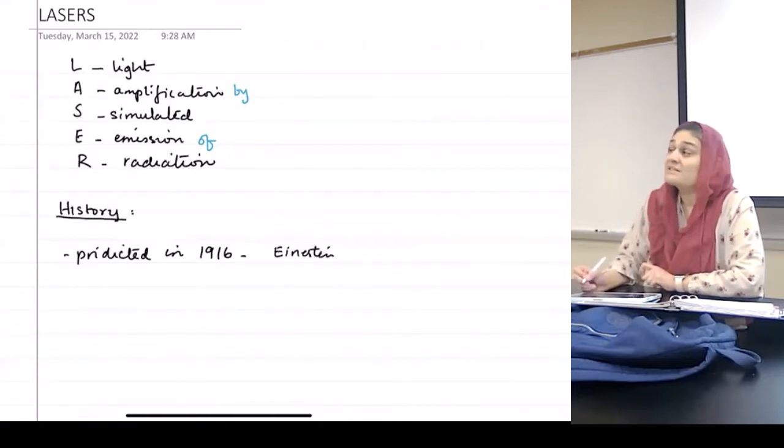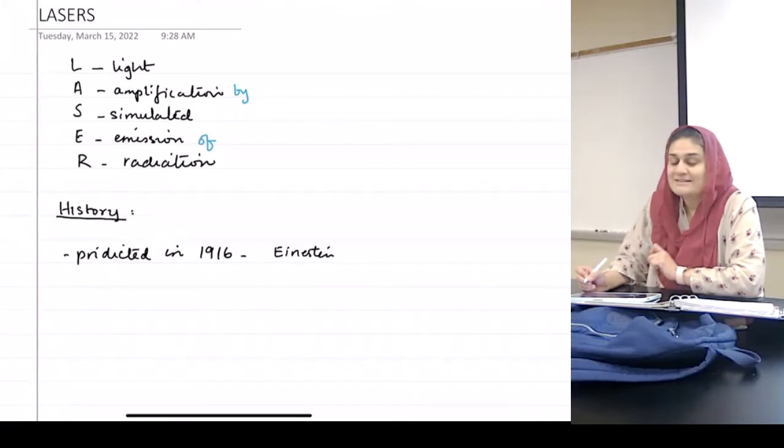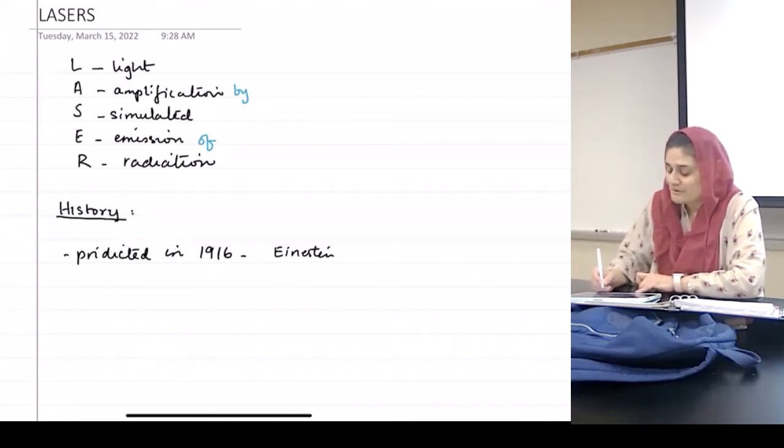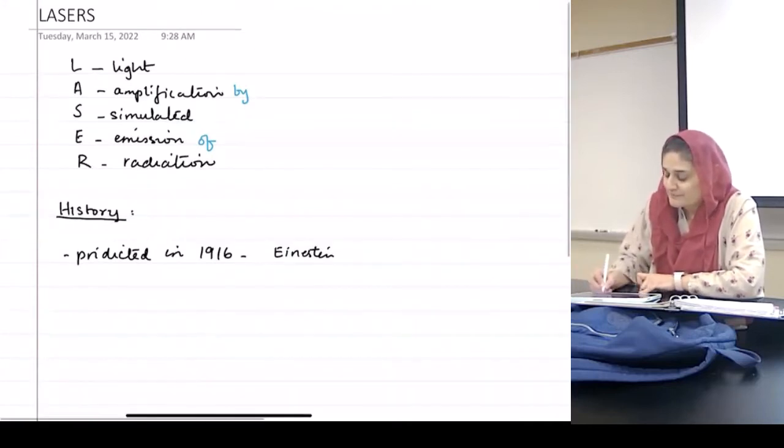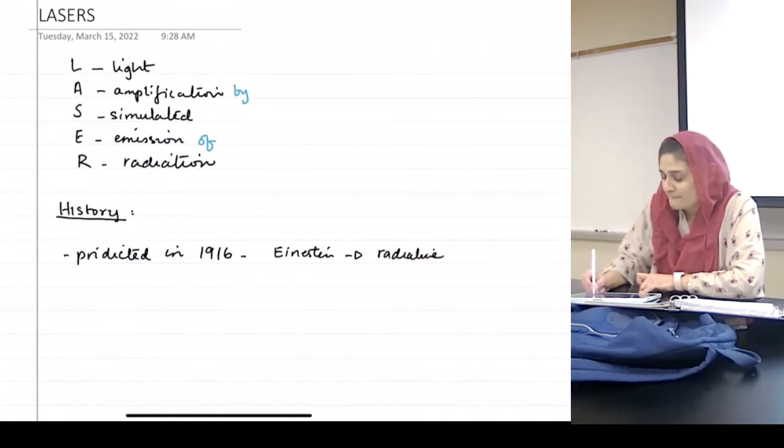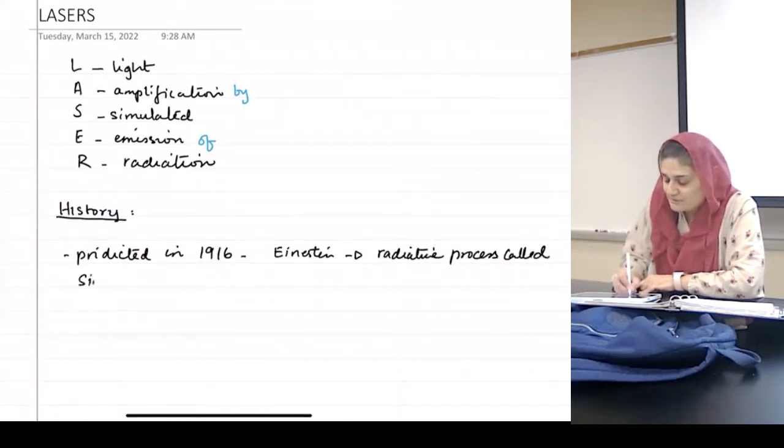He predicted that there is a radiative process, and he called it simulated emission. So let me write that down. Radiative process called simulated emission.